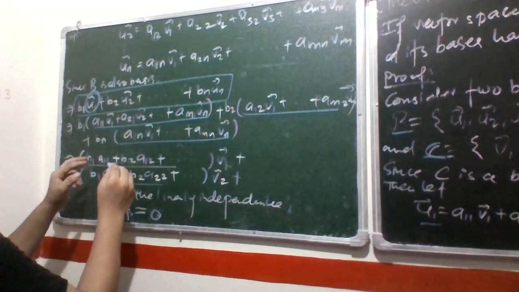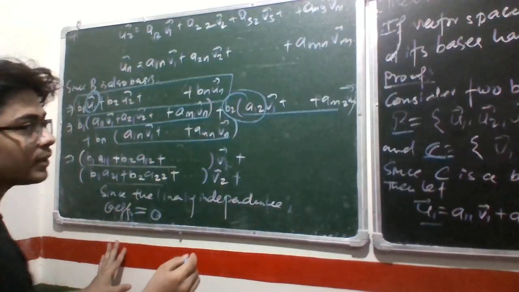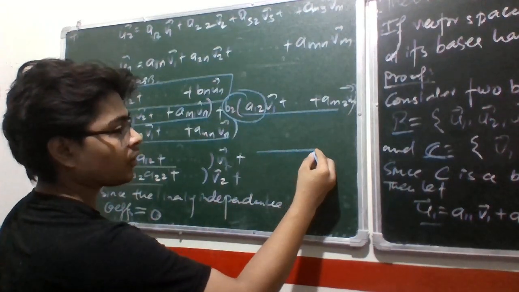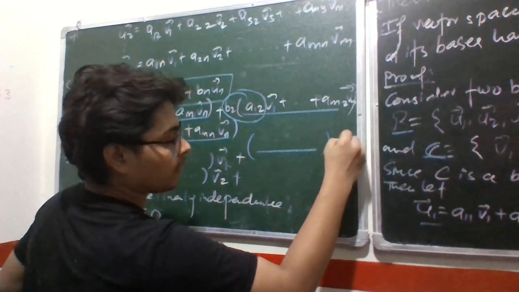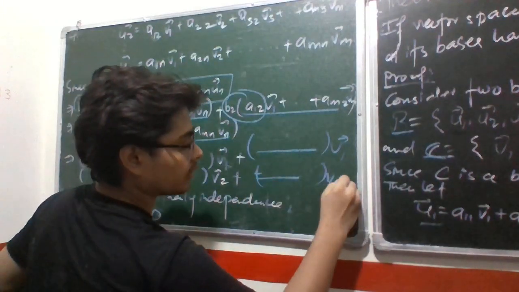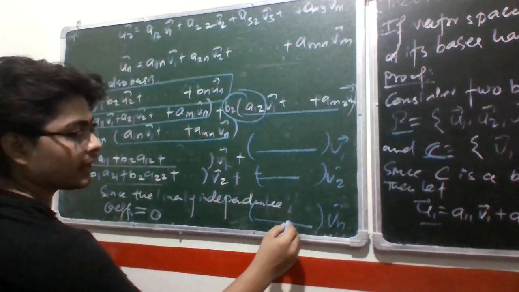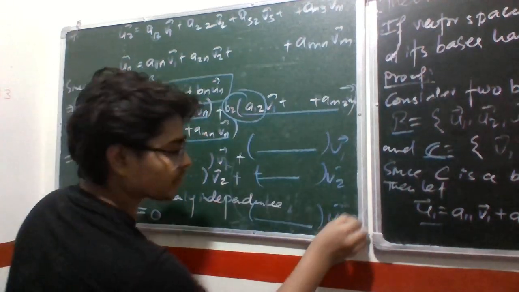And now what we can do is construct a linear combination only for v1, similarly only for v2, and similarly up to only for vn. Okay, now this would be the linear combination.